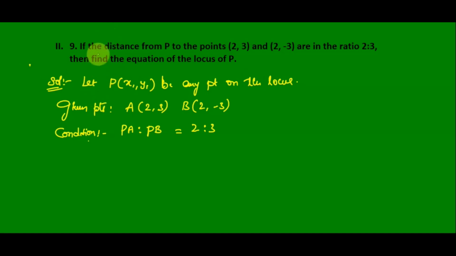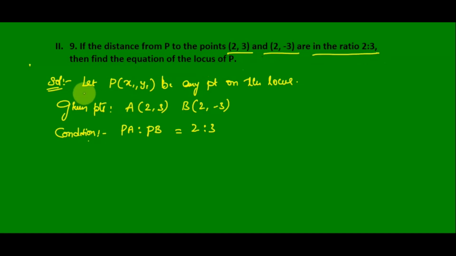Okay friends, now we'll solve the next problem. The distances from P to the points (2, 3) and (2, -3) are in the ratio 2:3. Then find the equation of the locus of P. Here also we'll follow the same three-step funda.